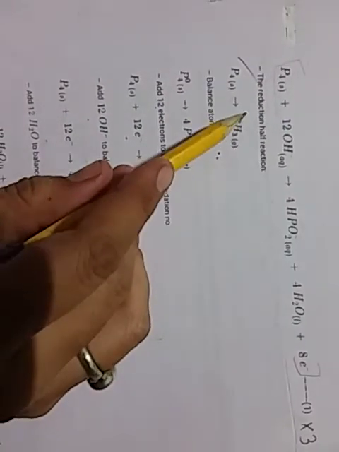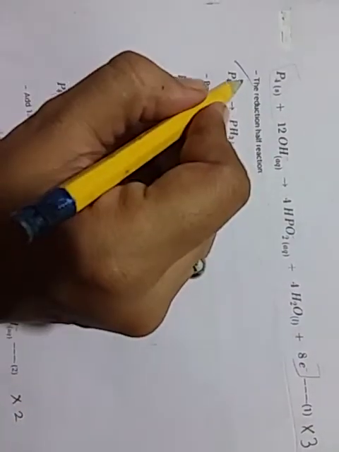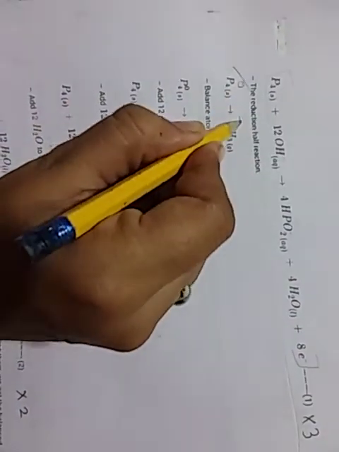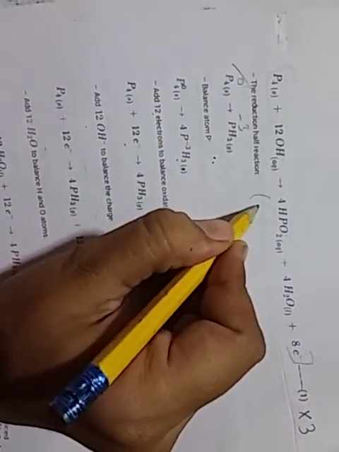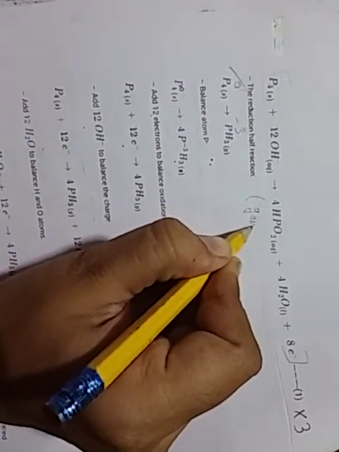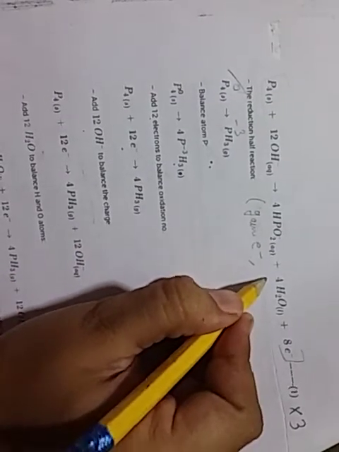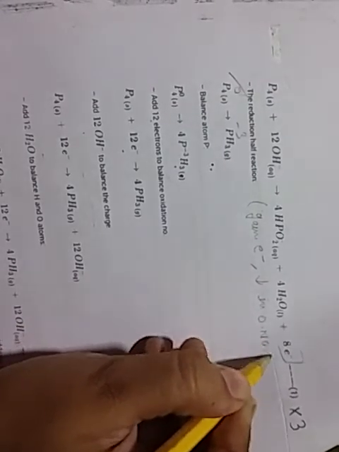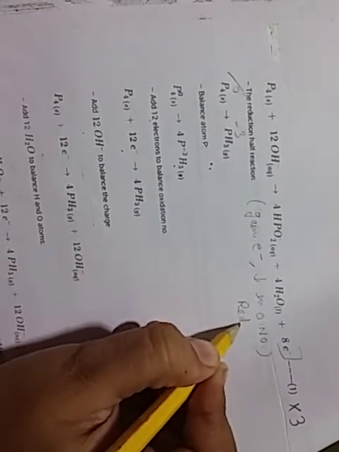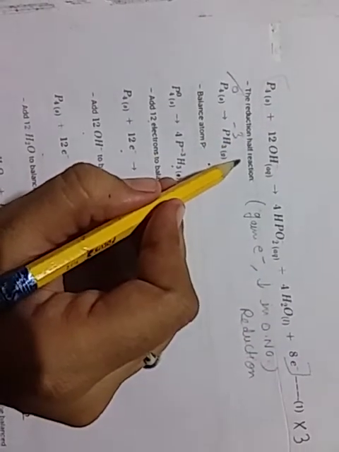Then we write the reduction half reaction, P4 to PH3, that is 0 to -3, meaning gain of electrons, or a decrease in oxidation number. So it is the reduction half reaction.